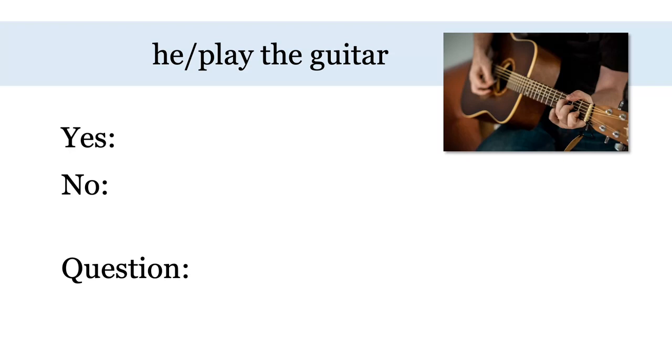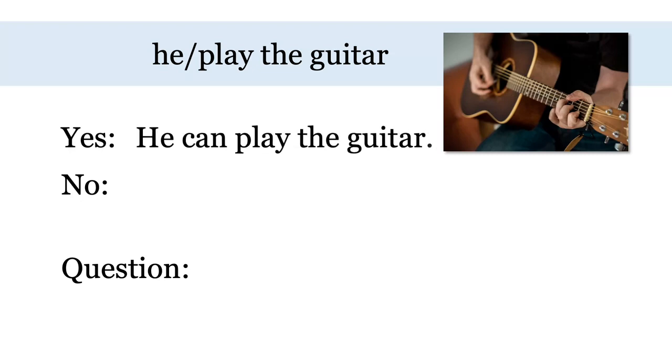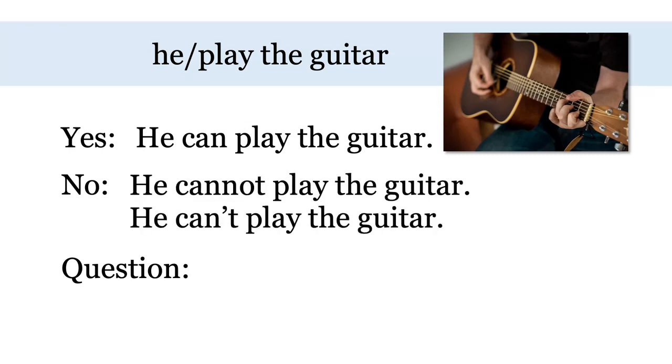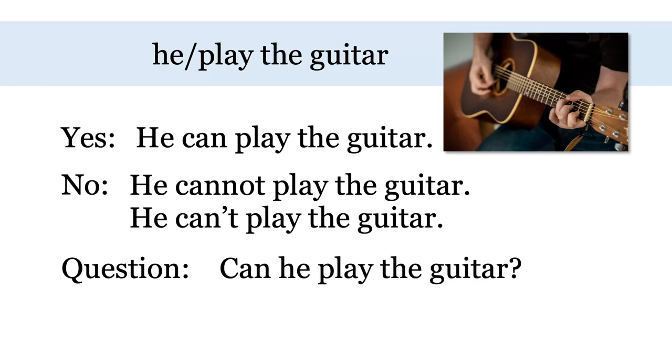Okay, same thing. Here the subject is he, and the verb is play the guitar. Yes, he can play the guitar. No, he cannot play the guitar, or he can't play the guitar. Same thing. And the question, can he play the guitar?